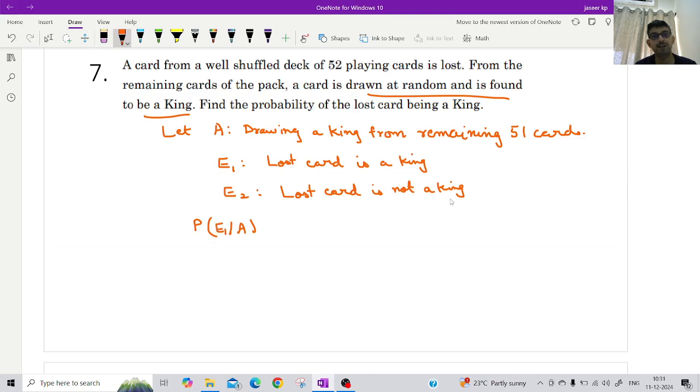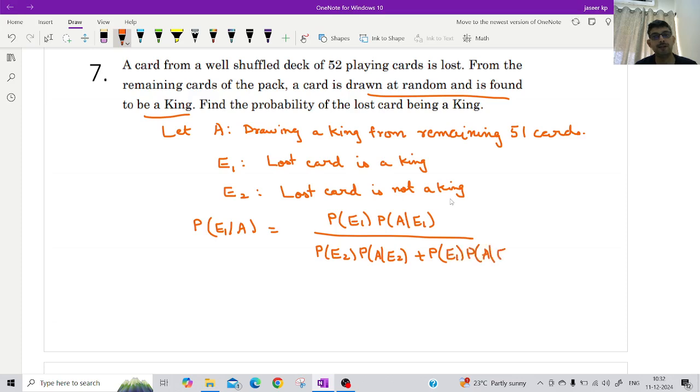So E1 given A. Now you can write the formula: P of E1, P of A given E1, plus P of E2, P of A given E2, that is the sum of the two. So now let us find the probabilities.